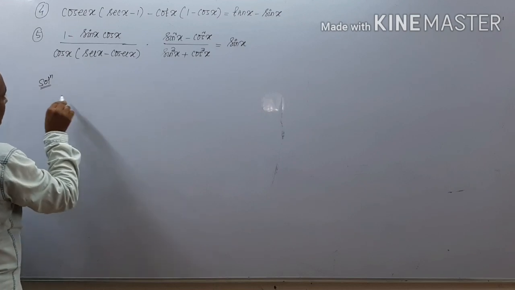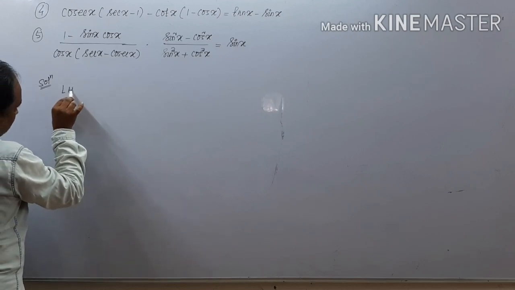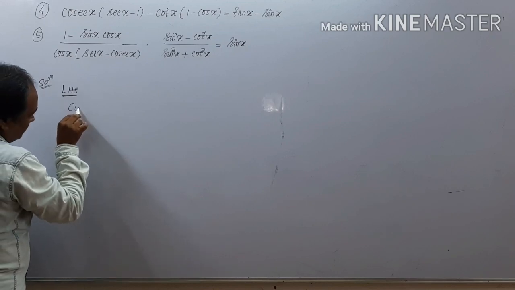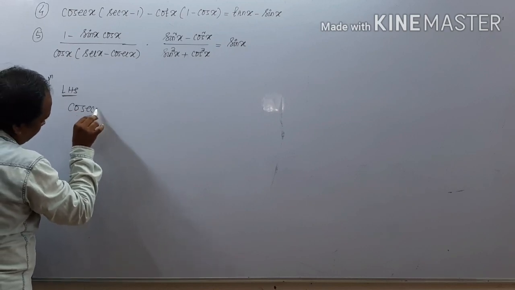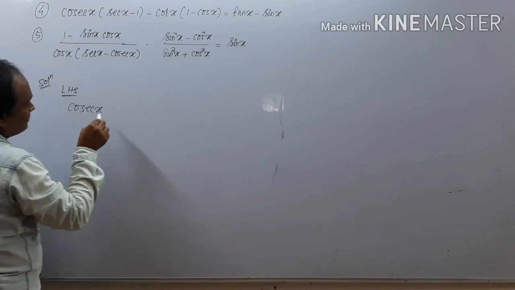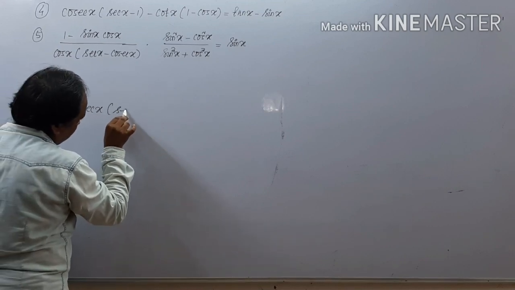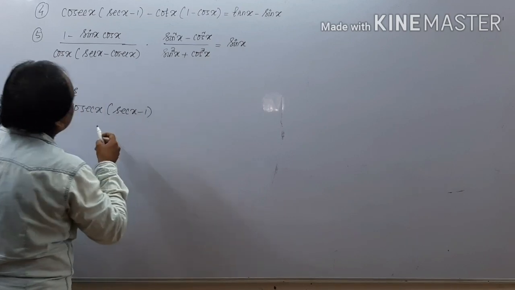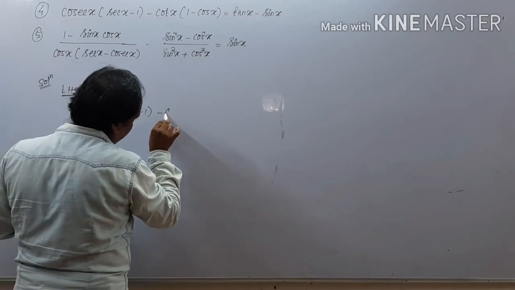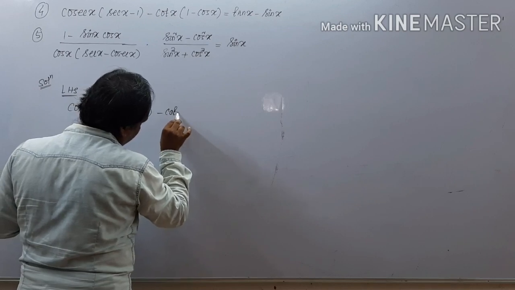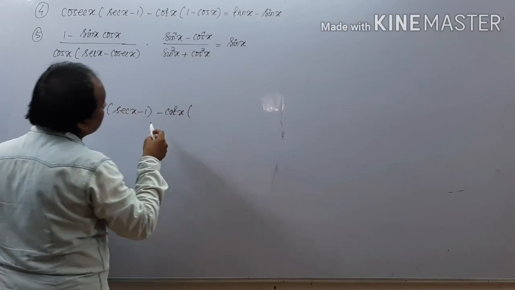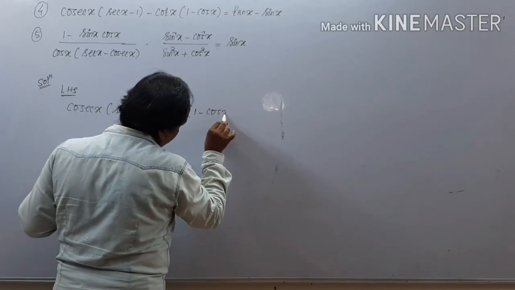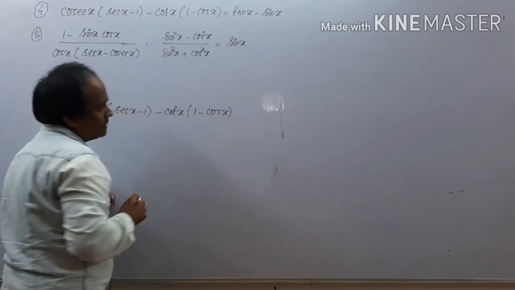Solution. At first we consider the left hand side, which is cosec x multiplied by (sec x minus 1) minus cot x multiplied by (1 minus cos x).